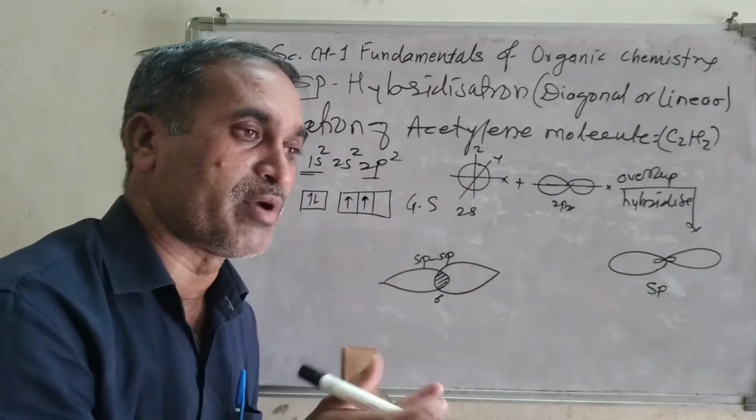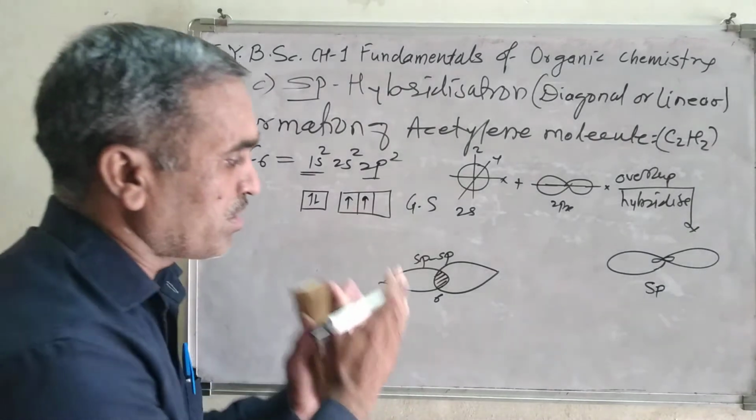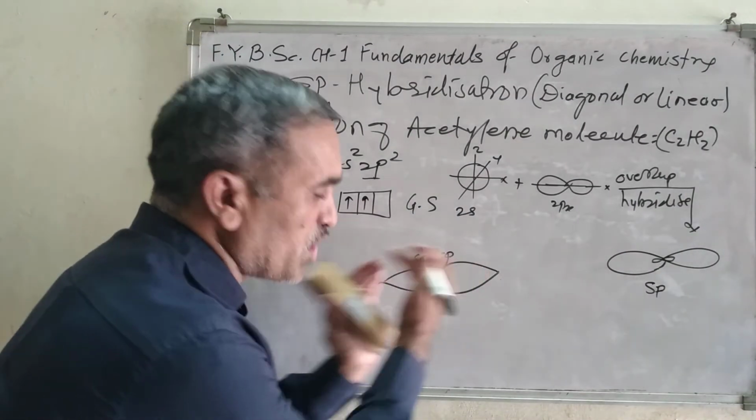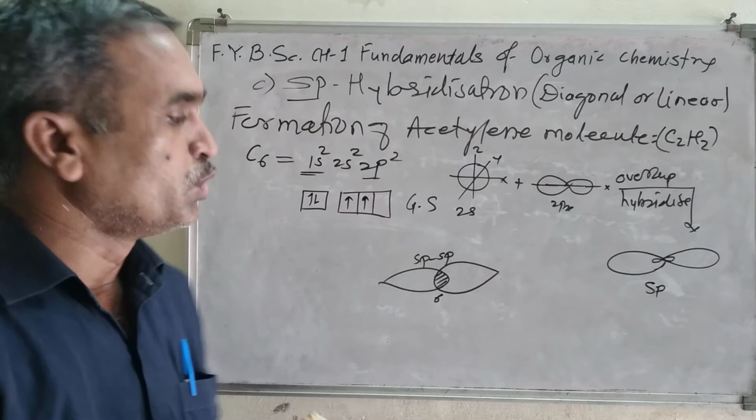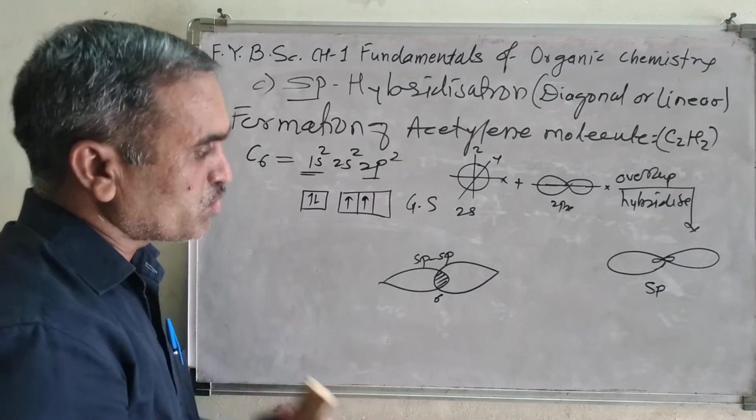As we know, a sigma bond is stronger because the maximum electron density is concentrated between the two nuclei, and that is why it is the stronger one.